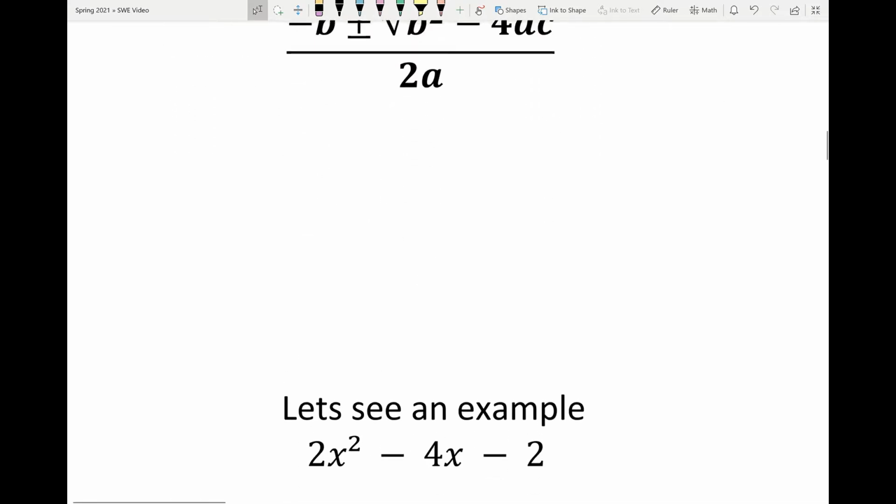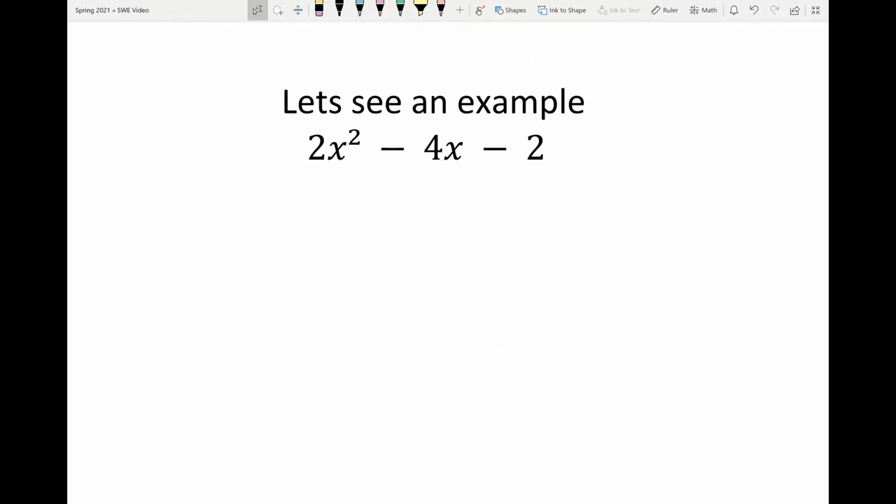So if we take the example we just saw that wouldn't factor very nicely and put that into the quadratic equation, we get opposite b, so it's positive 4 instead of -4, plus or minus the square root of b squared, which is -4 squared, minus 4 times the a term times the c term.